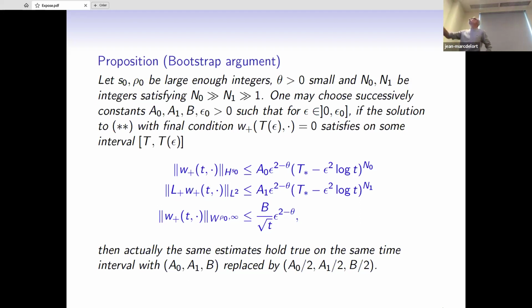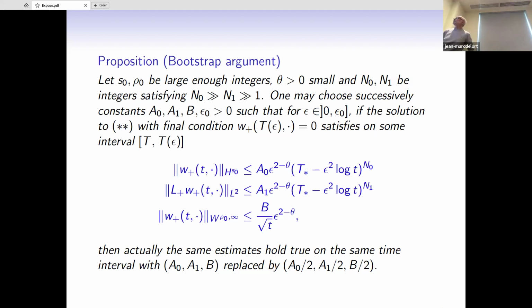So to prove such a bootstrap, you assume that such properties hold true on some interval, capital T of epsilon. Remember that you started from the time capital T of epsilon and want to move backwards. You assume that these inequalities are satisfied with constants A0, A1, B on such an interval.